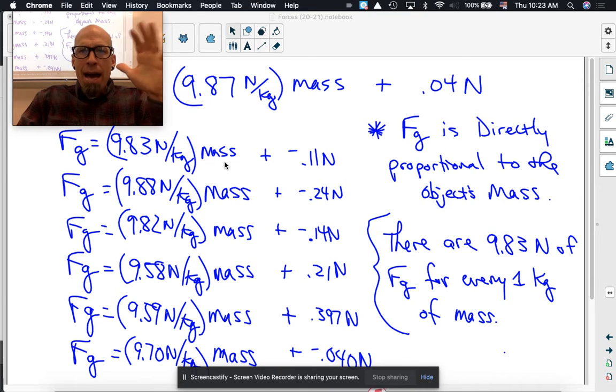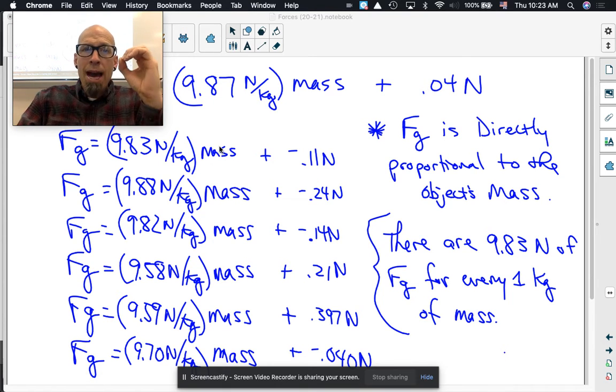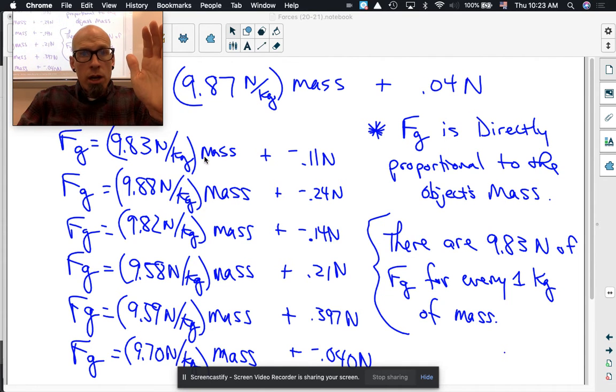If we have 0 mass, what's 0 times 9.83? Or 0 times 9.88? Or 0 times 9.82? Or 0 times 9.87? Or 0 times 9.58? You get the point. It's 0. Those are gone. This whole thing is gone. And what's left? This. So it's telling us that the force of gravity, when you don't have any mass, in this case for this group, was negative 0.11 newtons.